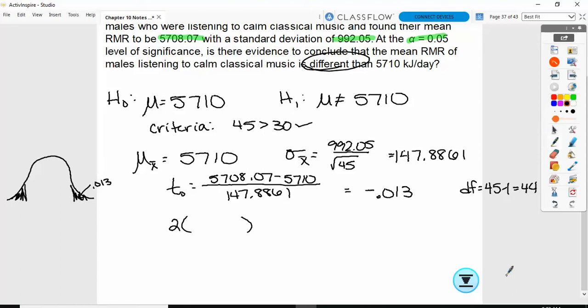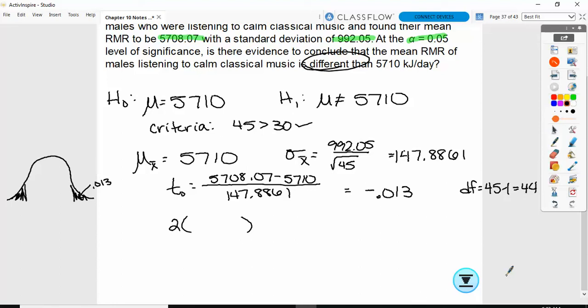So we have to find the closest area that we can. So if you're looking on the 40 row, these are the different areas down here. Are any of them close to 0.013? If we're looking within the table, the best we have on that row is 0.681.